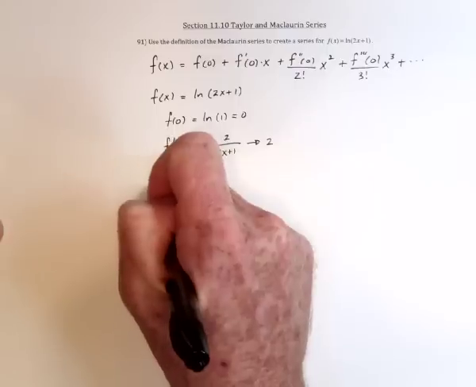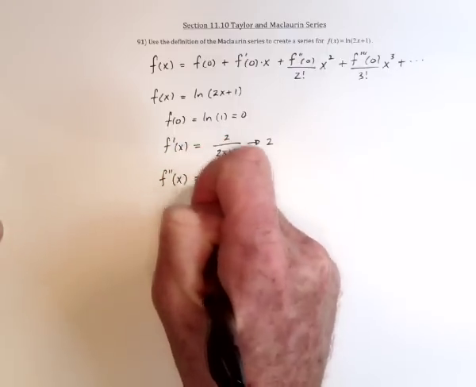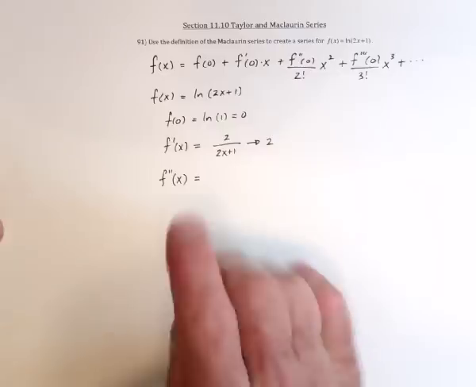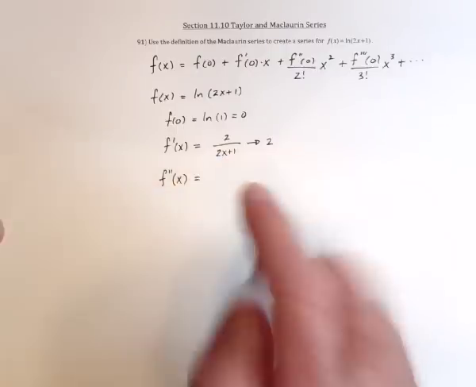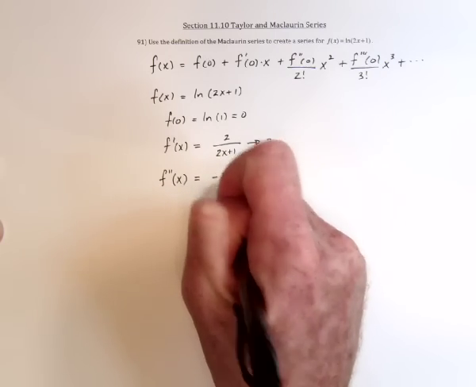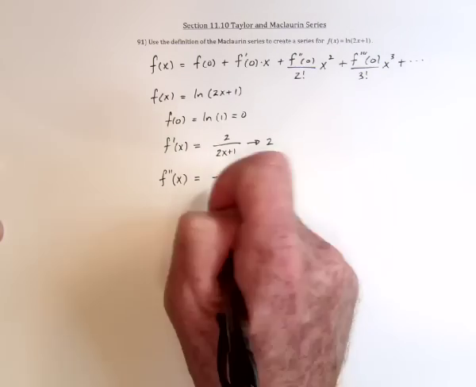Then we need the second derivative. So you could rewrite this as 2x plus 1 raised to the negative 1. Bring the negative 1 in front and multiply, so we're going to have a negative in there. Then subtract 1 from the exponent, so that's to the negative 2.